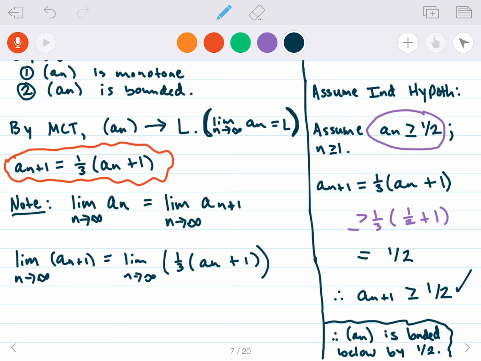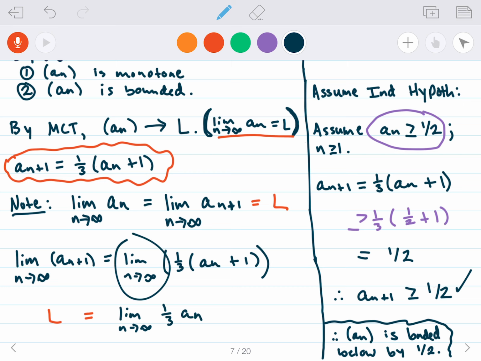Okay, and so we said that this thing equaled L, right? And so that means that when I'm taking the limit of a sub n plus 1, that's also equal to L. So we have L is equal to, just using this side, the limit as n goes to infinity of a third a sub n.